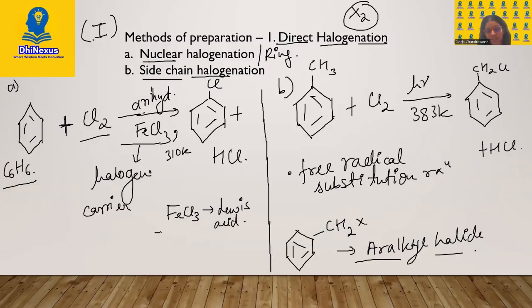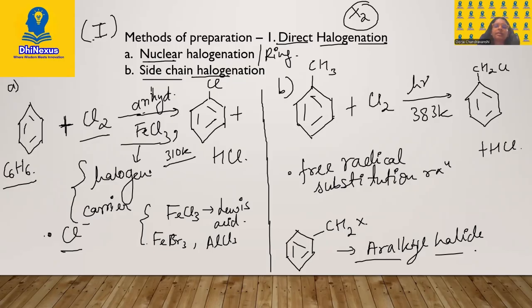In place of FeCl3, I can also take FeBr3 or AlCl3 and so on. This works as a halogen carrier. In CBSE 2025 exam, or if I'm not wrong, CBSE 2024 board exam, this question was asked: which one is the halogen carrier? And it provides us with Cl minus ion.